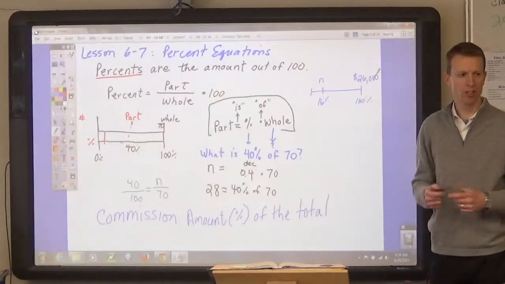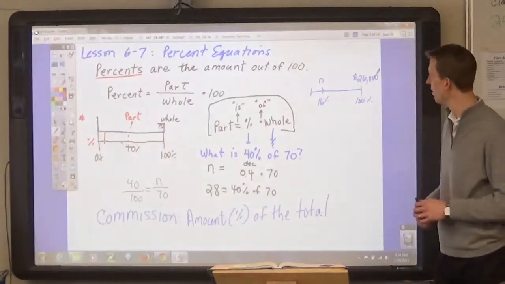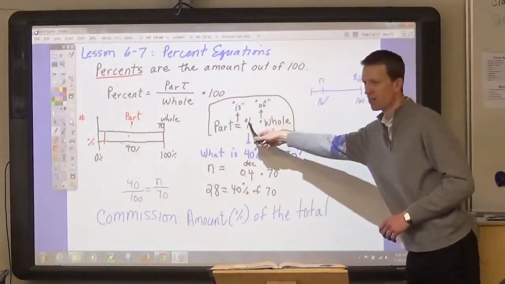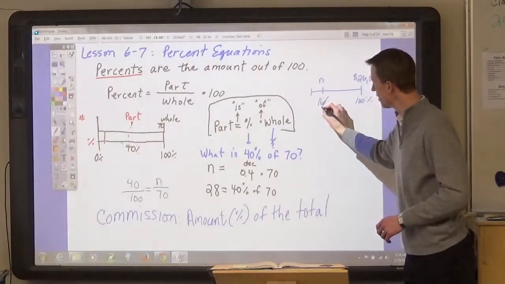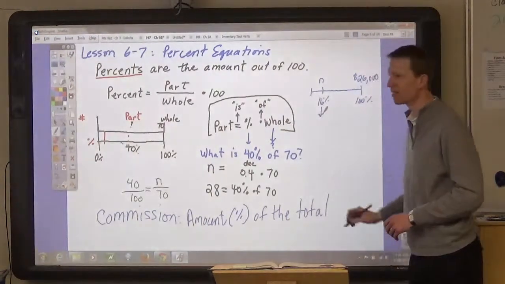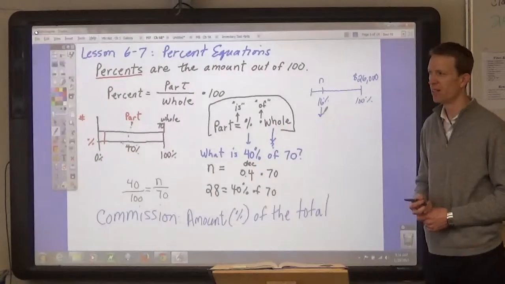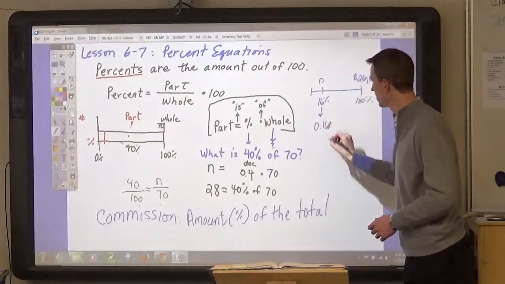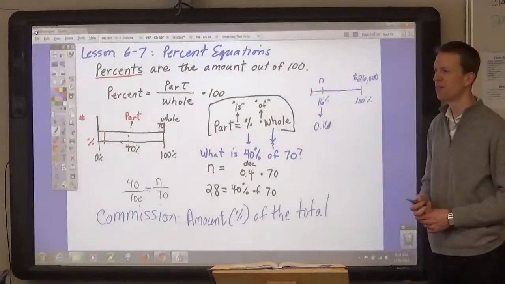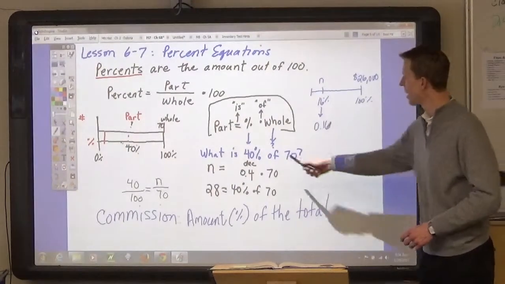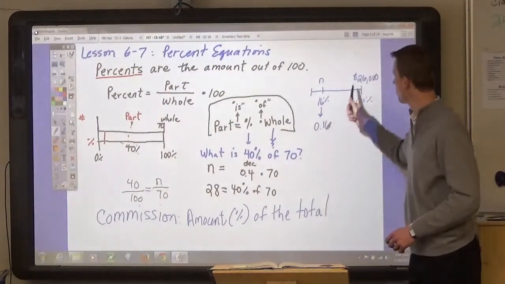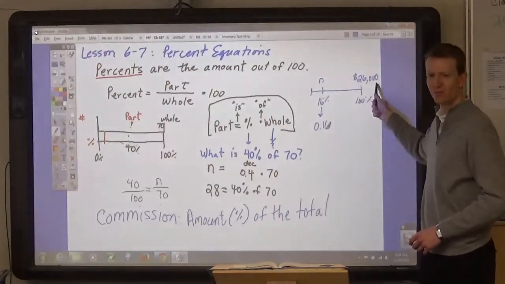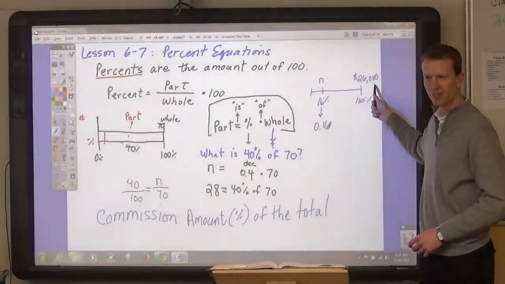Now, set up the proportion and solve it. Or, use this. Change 16% to a decimal. What is the decimal of 16%? Okay. 0.16. 16 hundredths. Times the whole. Times 26,000.